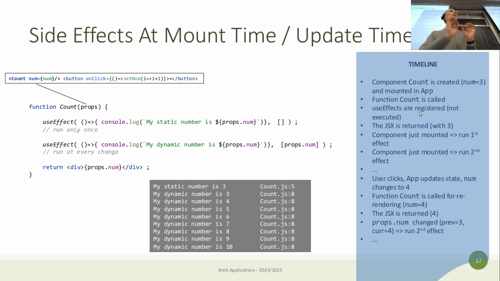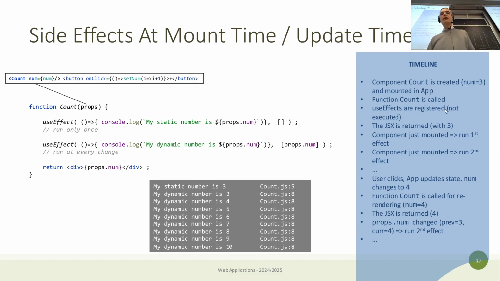The useEffects are registered, which means they are not executed immediately. Remember, useEffect is just a function provided by React that you call. You pass a callback, and this callback will be executed later. As any callback, it's not immediately executed.